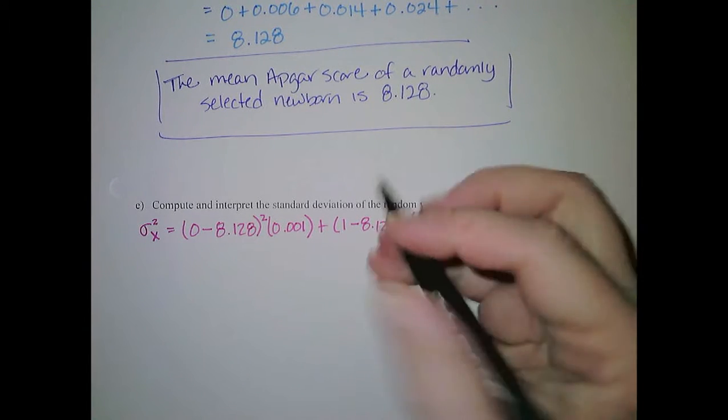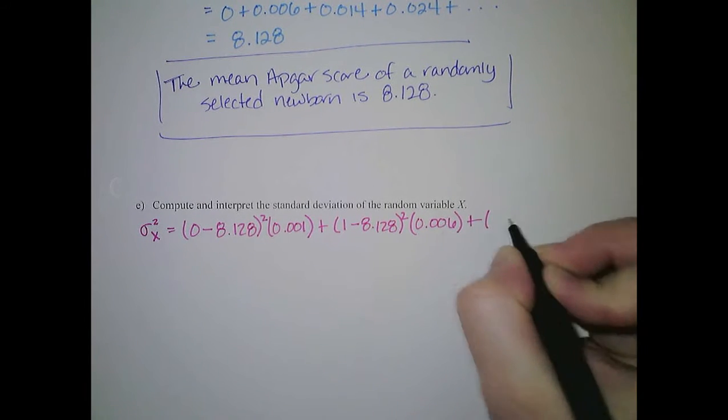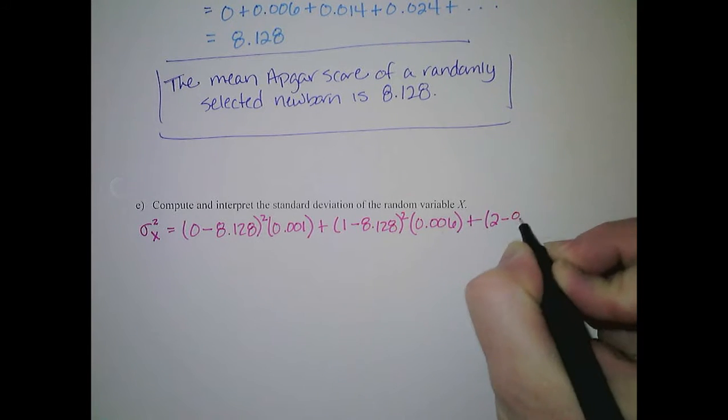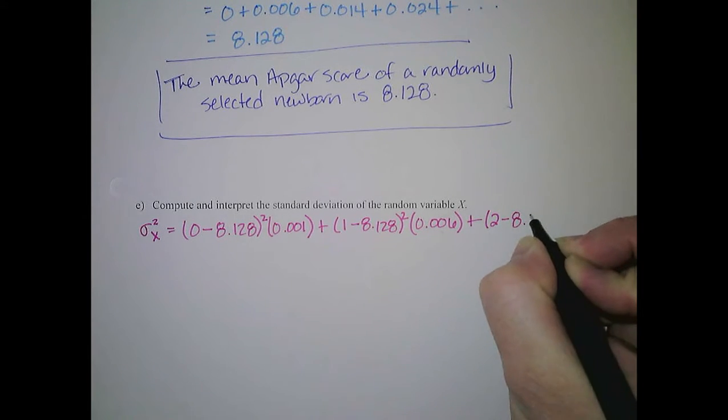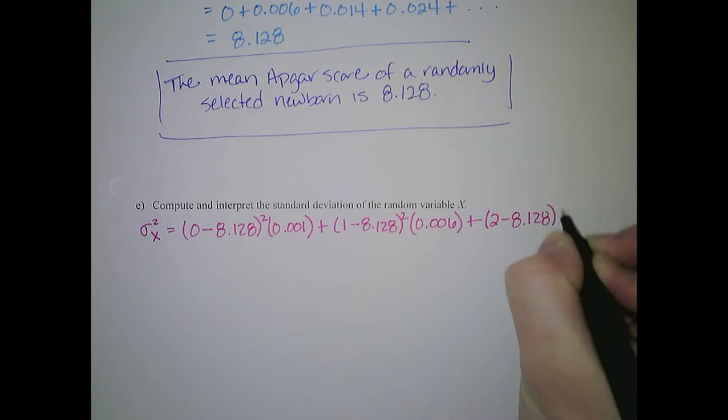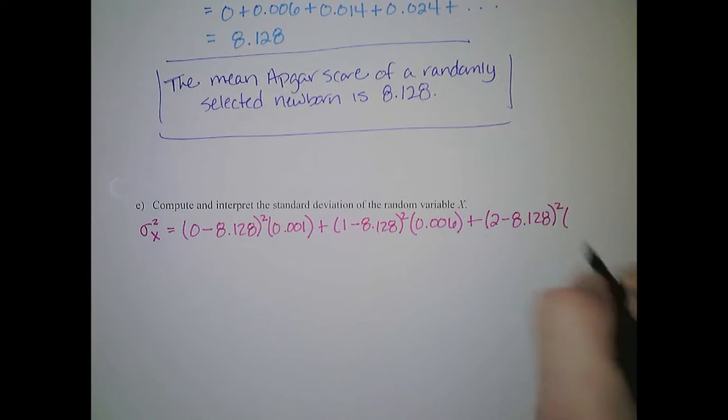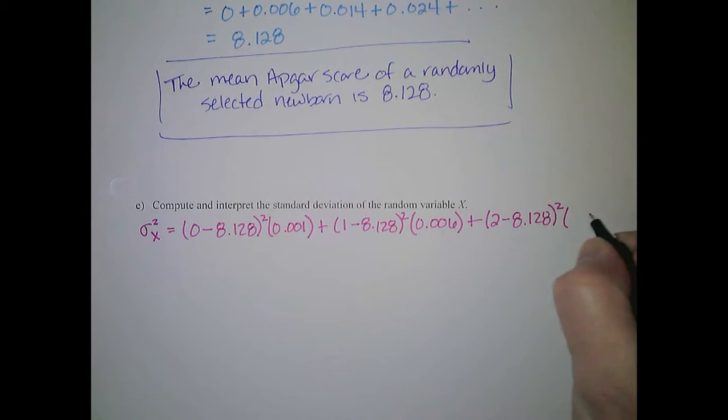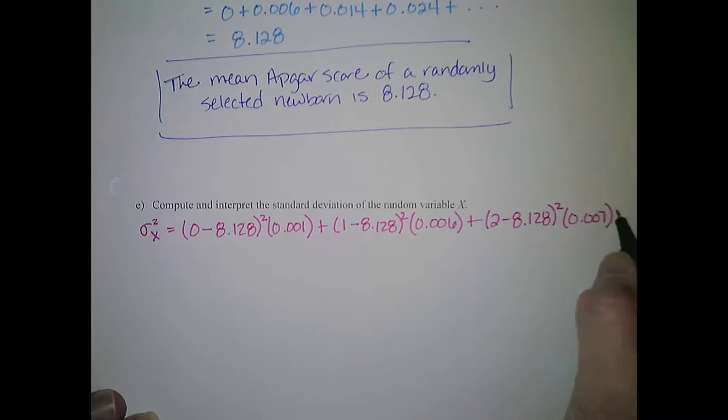Then we would take our next deviation, 2, minus the mean, 8.128, square that, and multiply it times the probability of a score of 2. And so on.